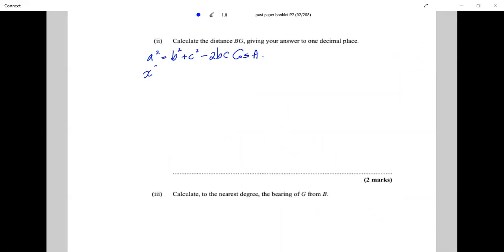This is X. B and C are the other 2 sides, which are 32 squared plus 55 squared minus 2 times 32 times 55 times the cosine of the angle between them, which is 103 degrees.